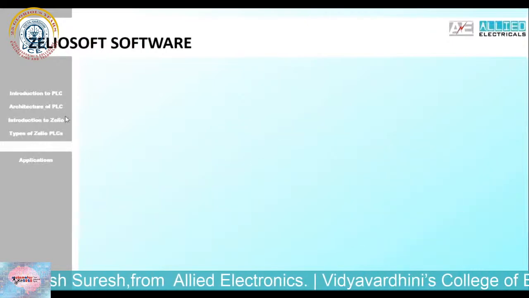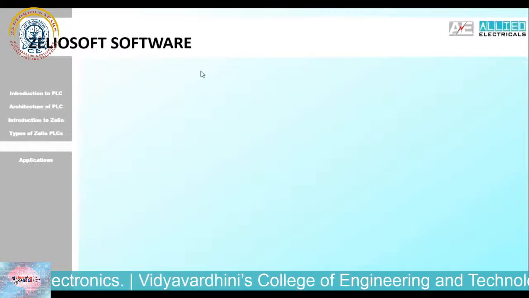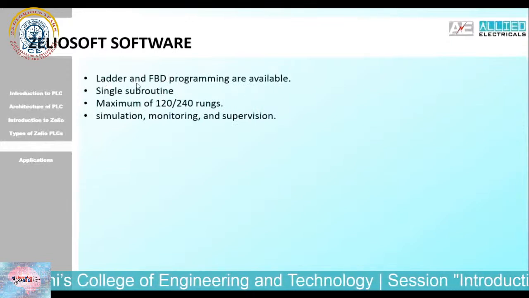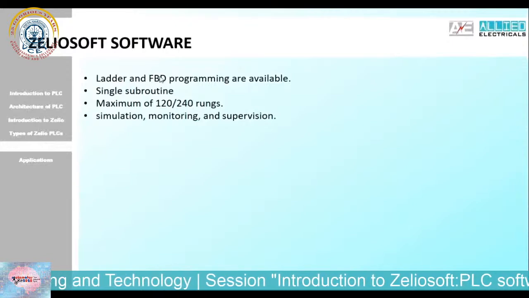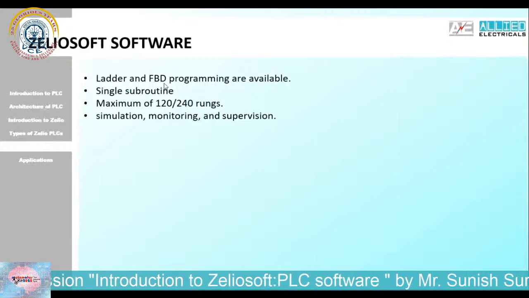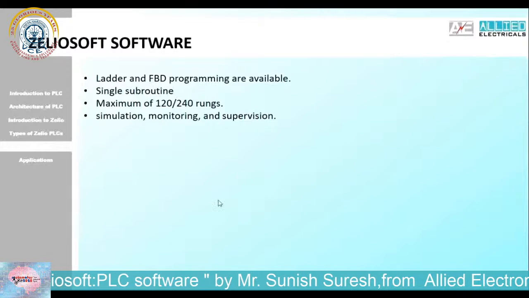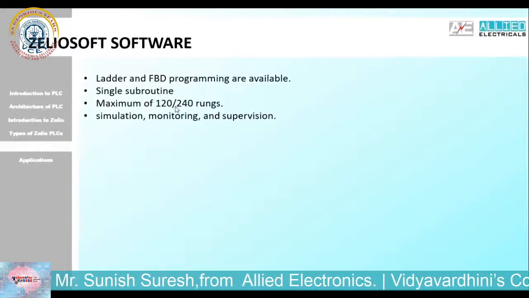So about the programming software Zeliosoft, depending on the model which you choose, you have two options to program the PLC. You can either program it in ladder or FBD. The second thing is that the PLC only has a single subroutine, that is your main subroutine, and the length of this subroutine is about 120 to 240 rungs.